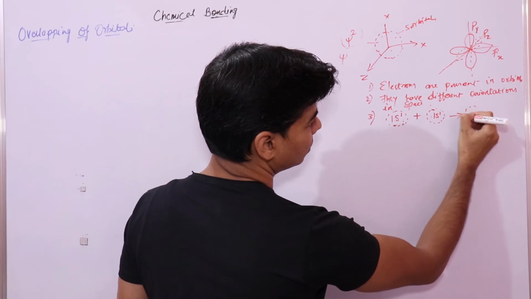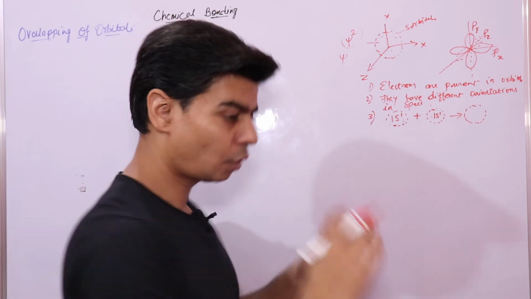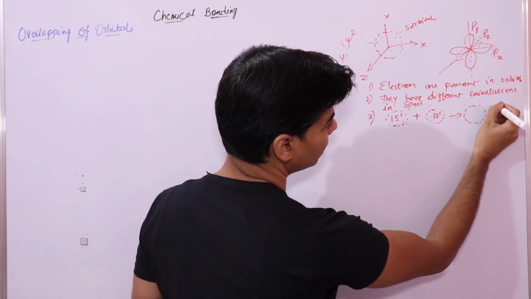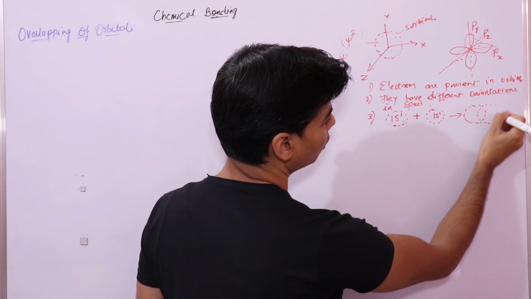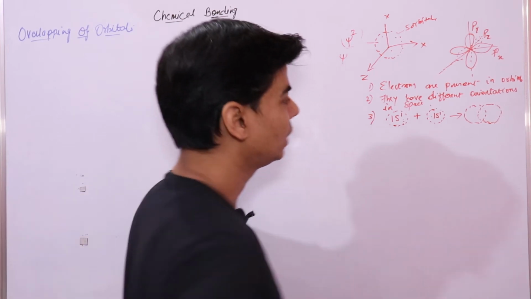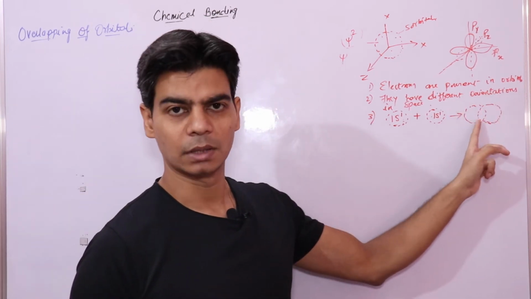The orbitals are electron clouds, so it is these orbitals that approach one another to form a bond, and their electron clouds overlap with one another.